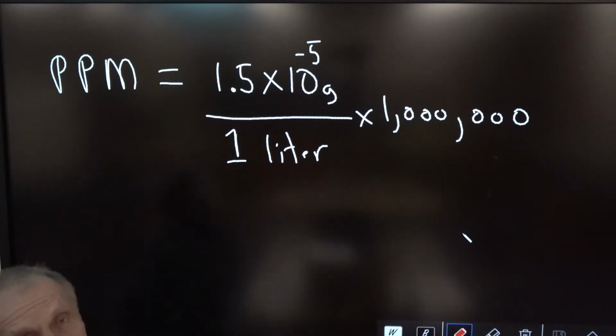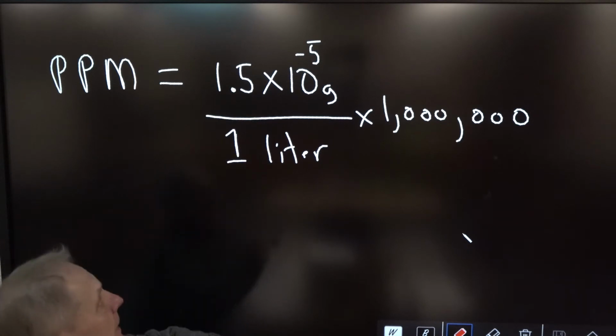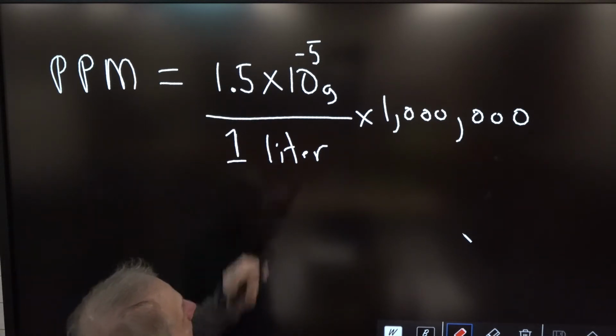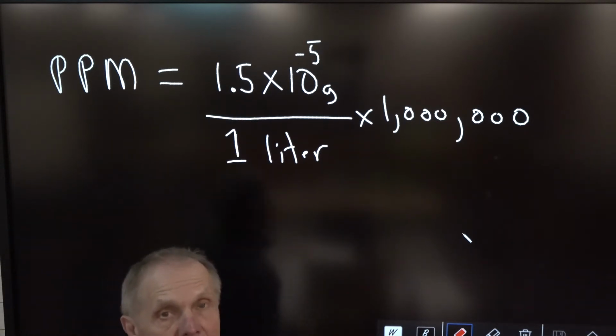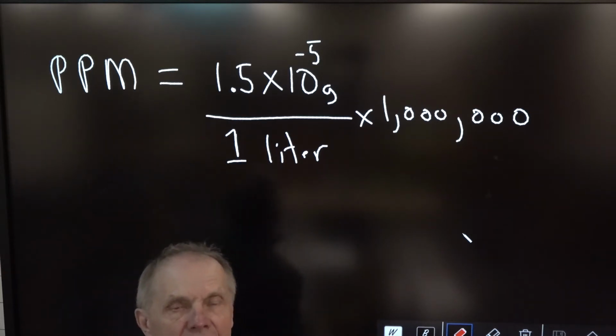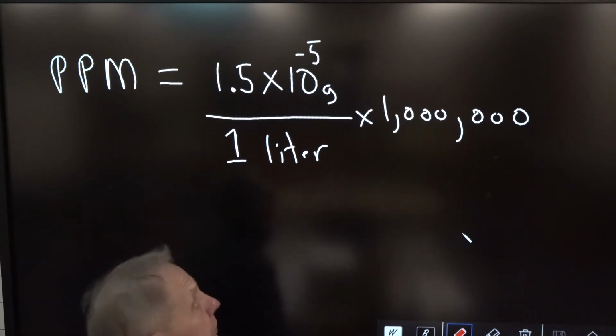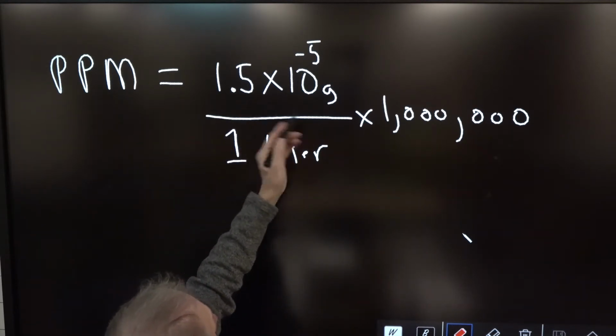So this is the formula. So we have to take that out of scientific notation and figure out how many grams of water are in 1 liter of water. And then we'll be able to figure out what the EPA standard is in parts per million for lead ions. Okay, so the first thing is we've got to take this out of scientific notation.